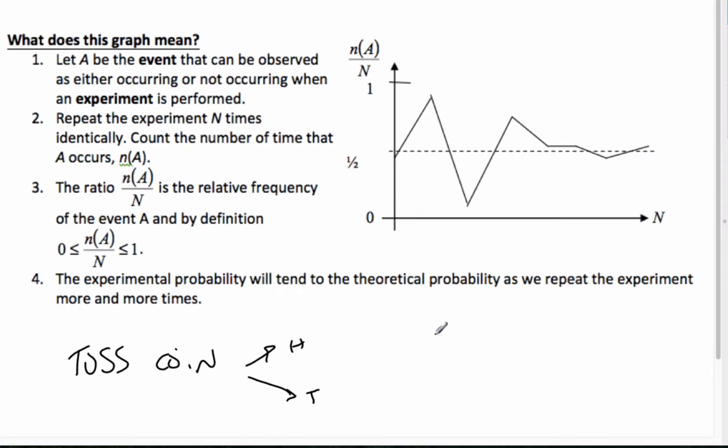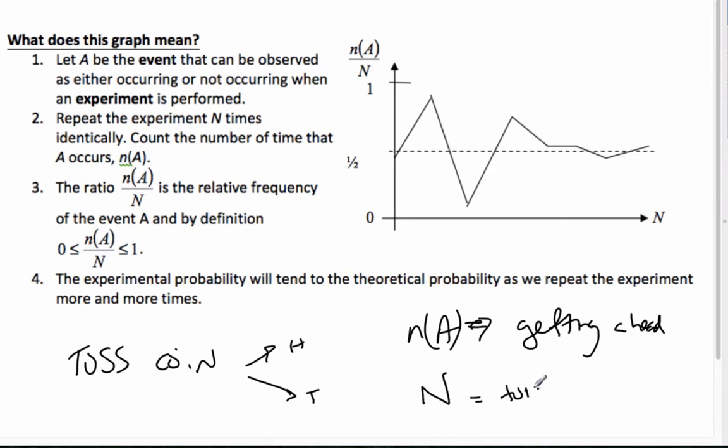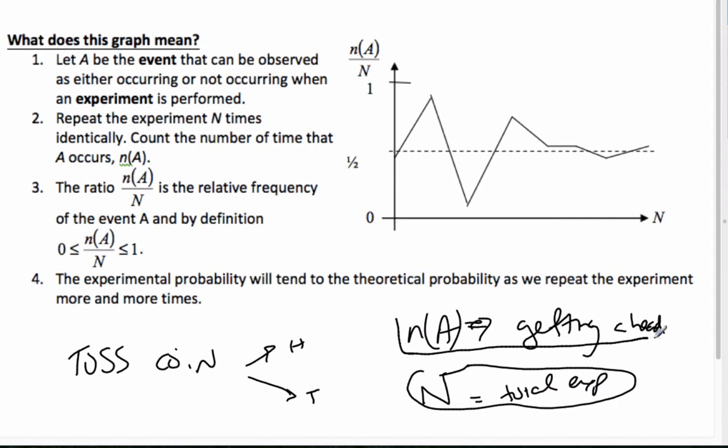So maybe A will be getting a head. I count the number of times I get a head, N_A. And then big N refers to the total number of experiments taken. This number, big N, is always larger than or equal to N_A. So the ratio is the relative frequency of the event. It is how often it happens.